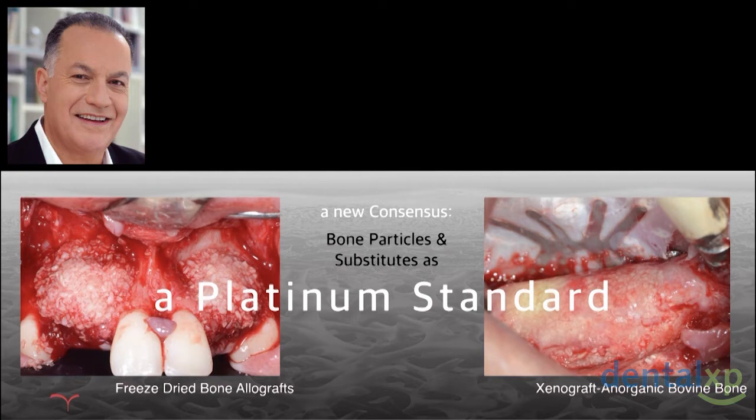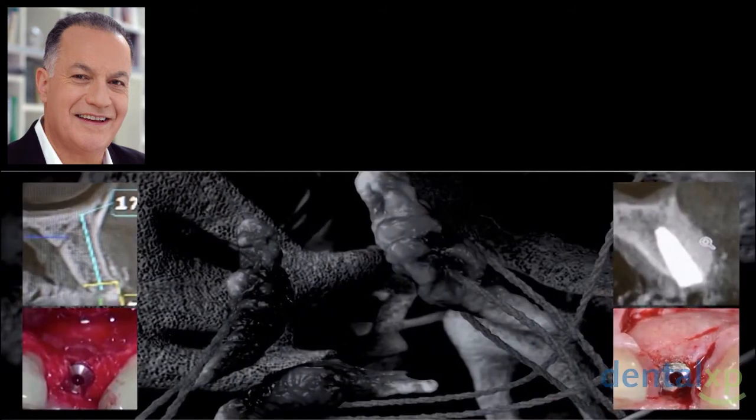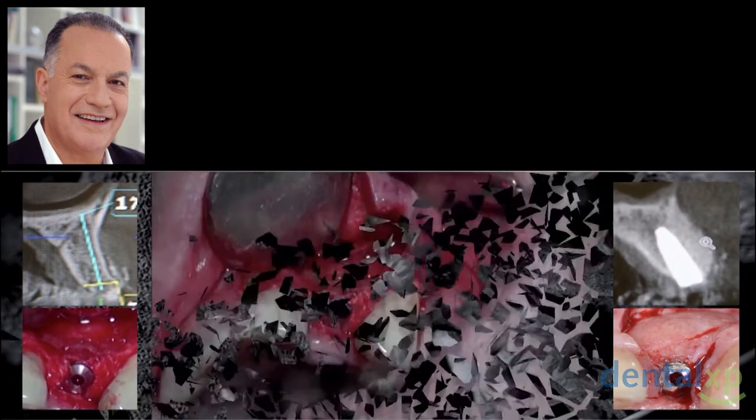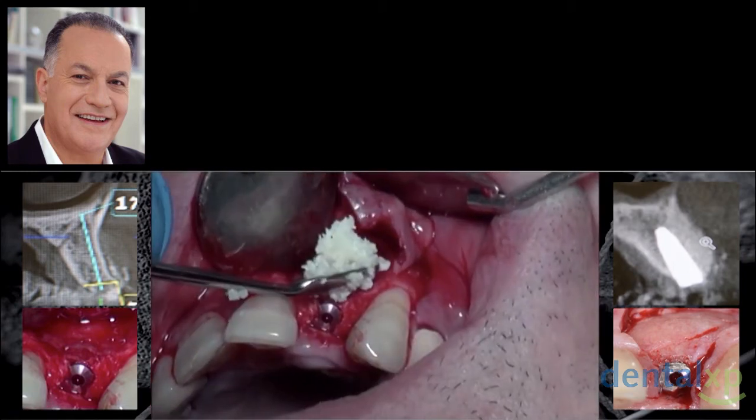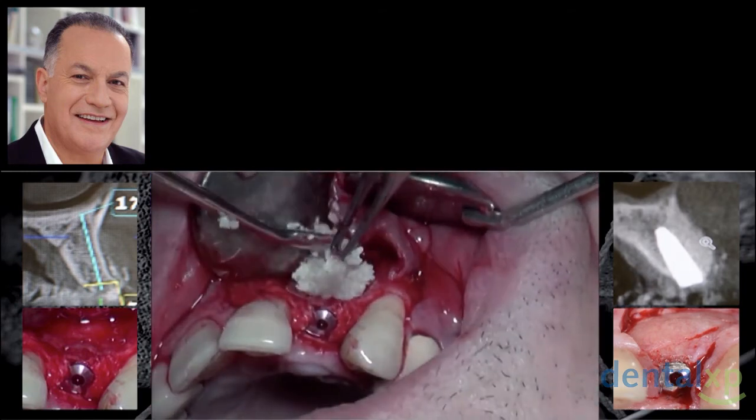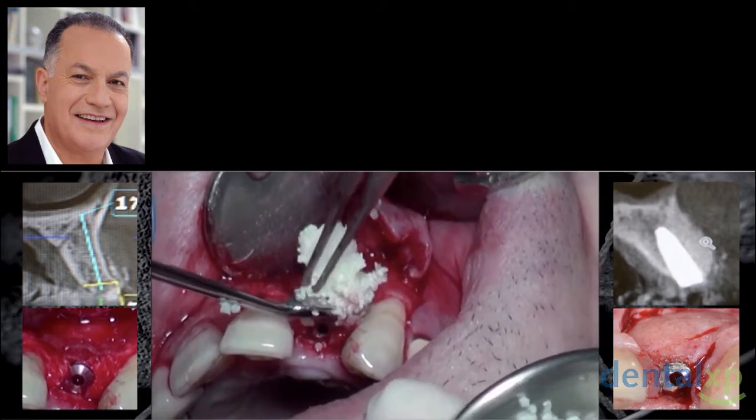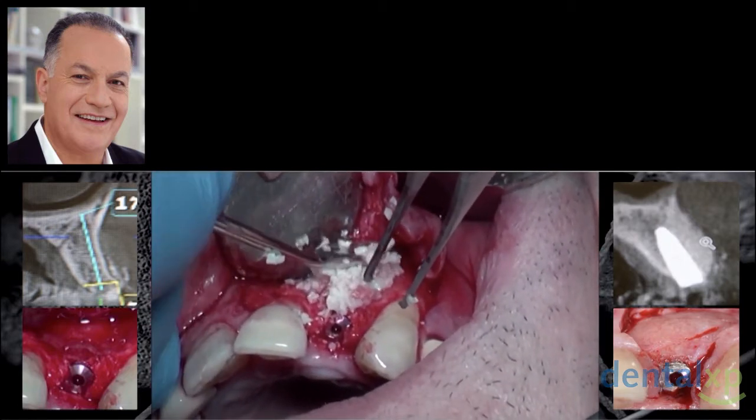This is the new consensus about bone particles, like allograft on the left side and xenograft on the right side. We called it a platinum standard because we had such good results that we can use them in a routine way. You can see in this case the use of allograft as a routine.